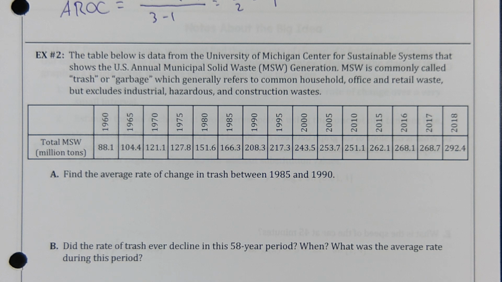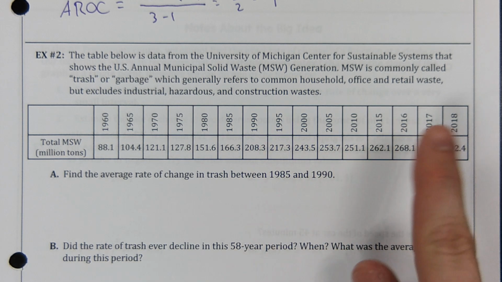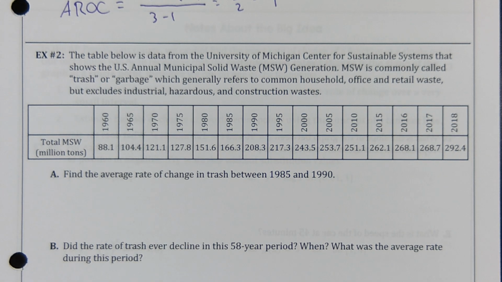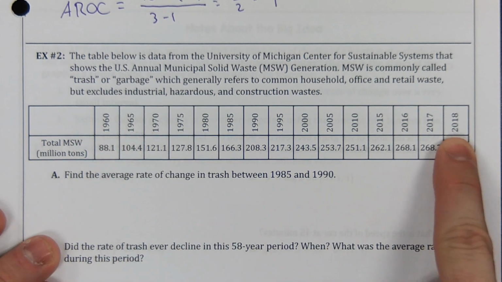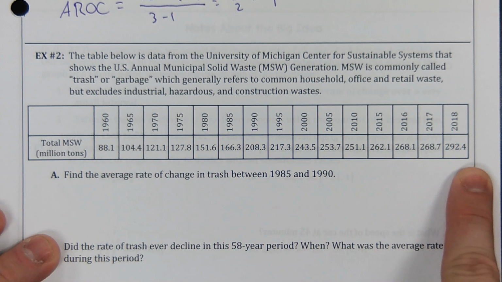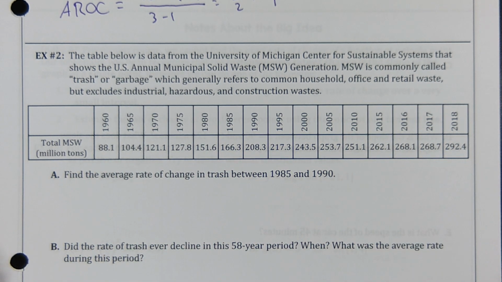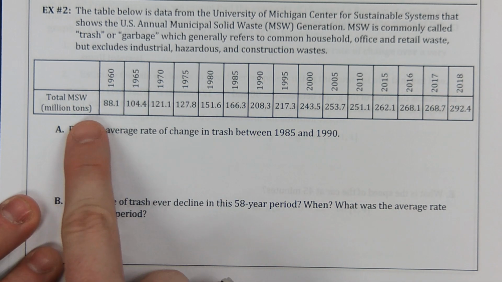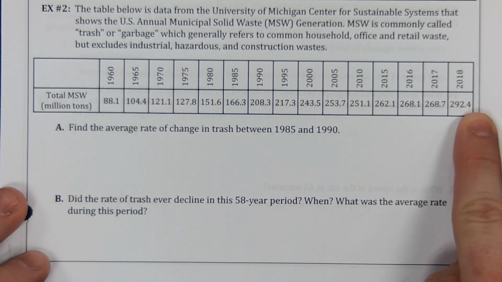So basically we're talking about how much garbage we are making in certain years. It doesn't include industrial hazardous or construction waste. The point is, we've got years and millions of tons of trash. These are our x's, our inputs. These are our y's, our outputs.